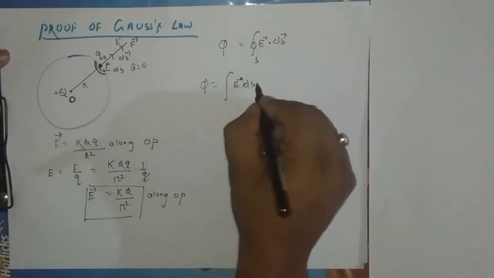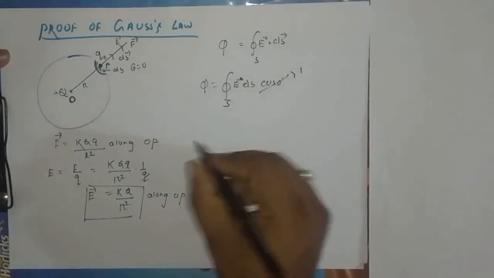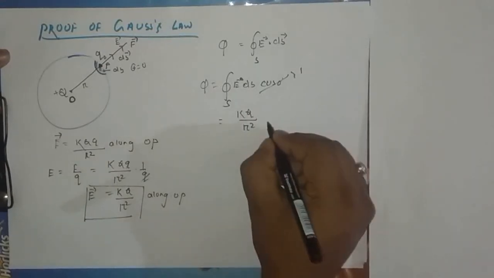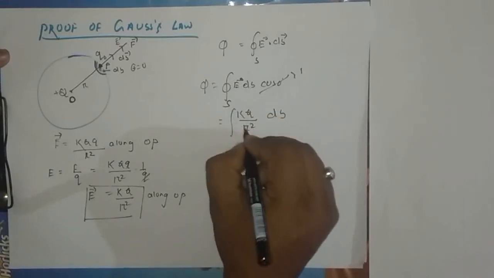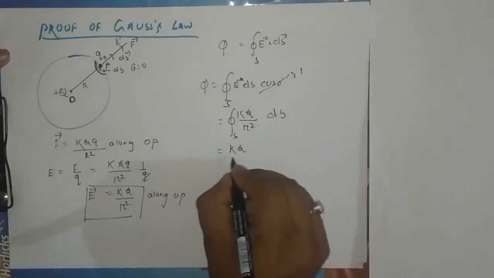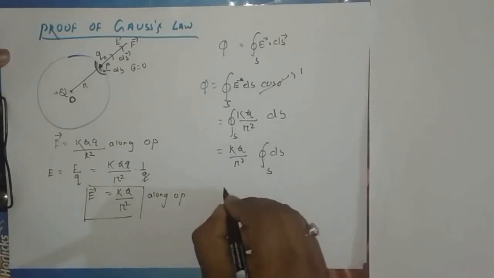If I remove the dot product, cos 0 is nothing but 1, around the closed surface. E is nothing but K Q by R square into ds. K, Q, R are all constant and will move outside, so the remaining is the closed surface integral of ds.